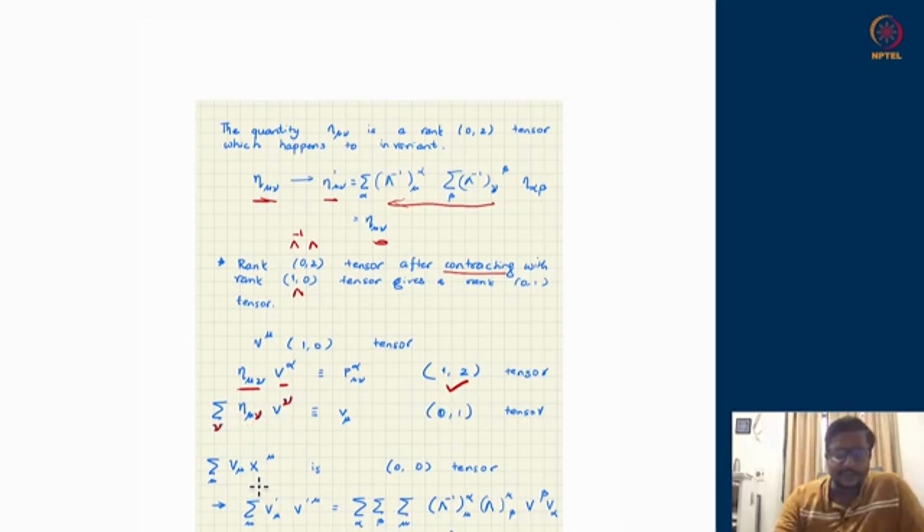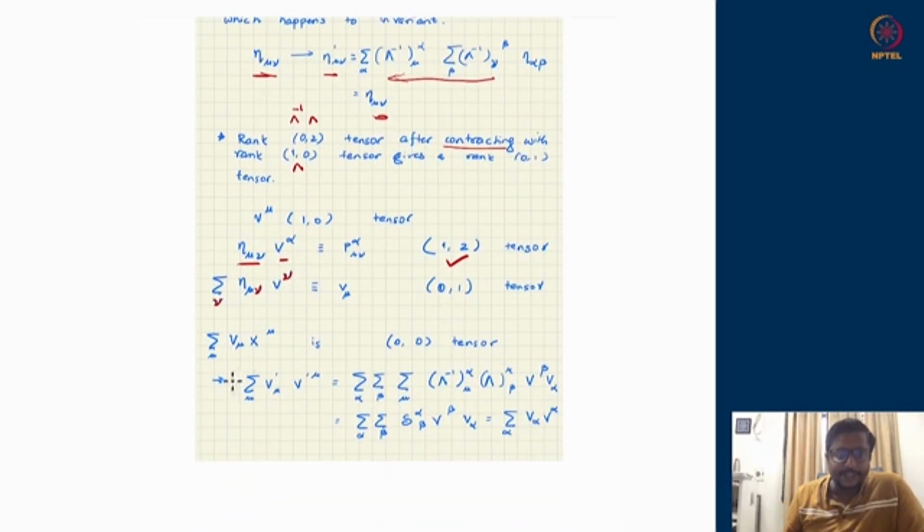Okay. Similarly, if I take one lower rank index tensor and one upper rank index tensor and contract them, not just put them side by side, the lower index of this and the upper index of this have to be the same and they are summed over. Then they are contracted. You can prove that this transforms with 1 lambda inverse, and this transforms with 1 lambda. The lower index of this and the upper index of that are being summed over.